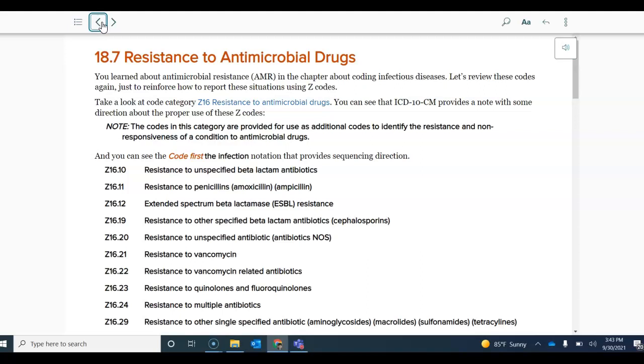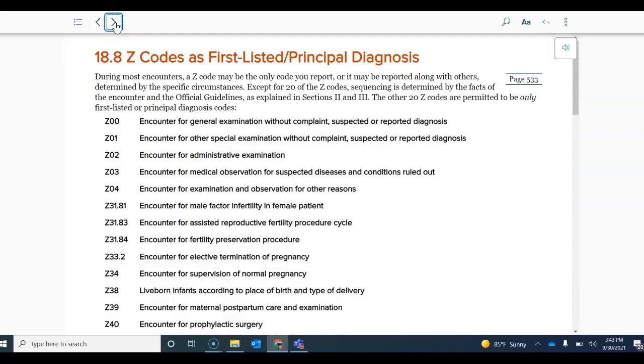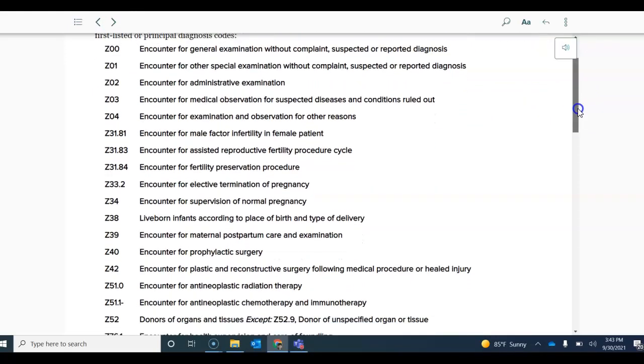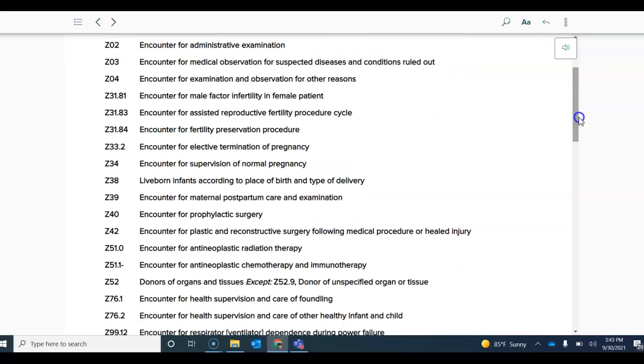So that's one way to tell if your answer is correct if you list a Z code first: go to that page and make sure that it's on that list. So here are the examples that I was talking to you about. Donation of an organ.